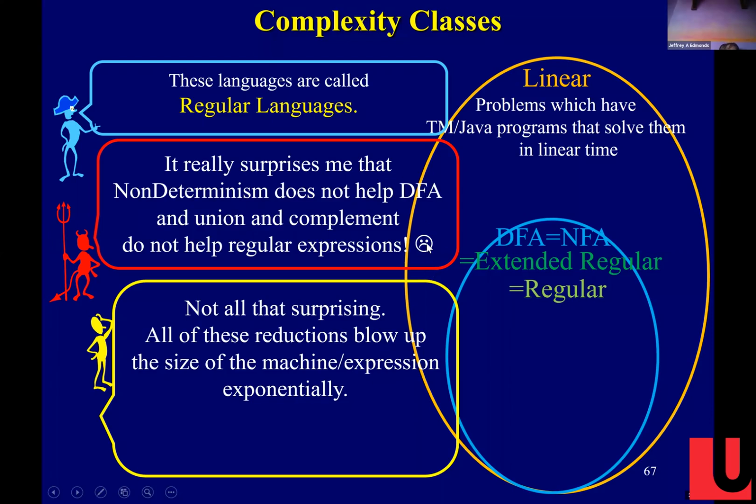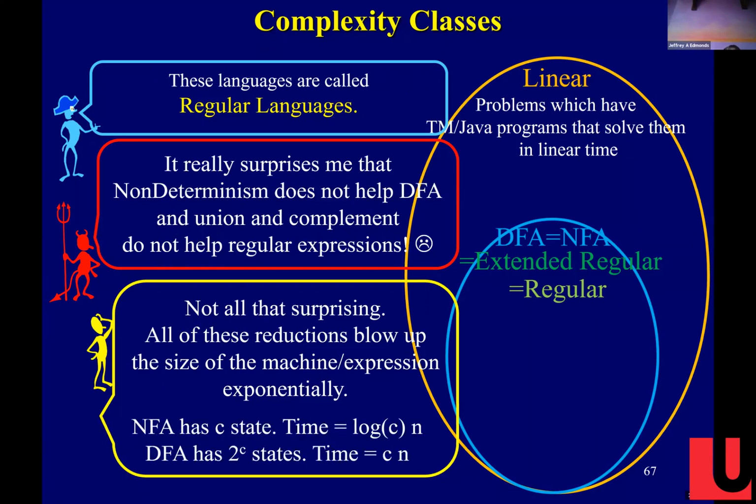The NFA has some fixed number of states, and the DFA has a fixed number of states, but a lot more states. Does that make sense? So if an NFA has C states, then a DFA has 2 to the C states.